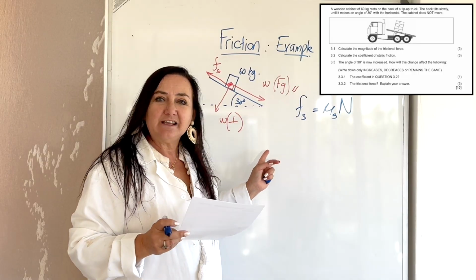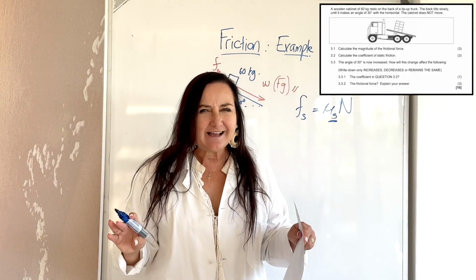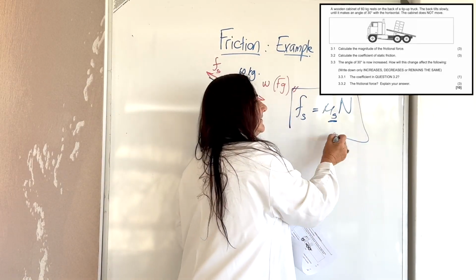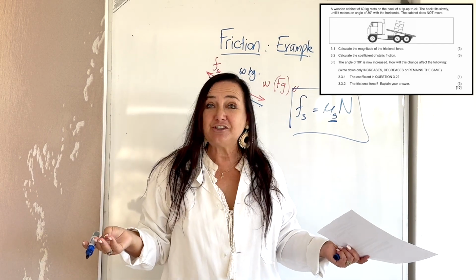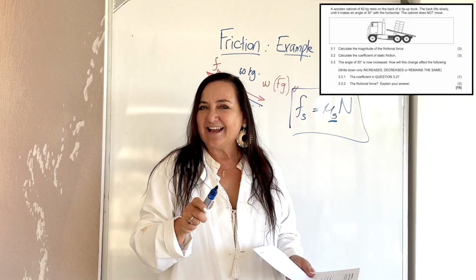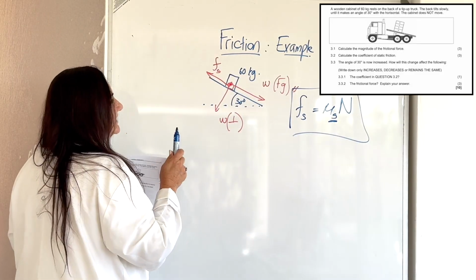But they haven't given me any coefficient. So I don't know anything about that surface, which means this formula means nothing to me now. I can't use it. So let's think, is there another way we can work that friction out? Yes, of course there is.